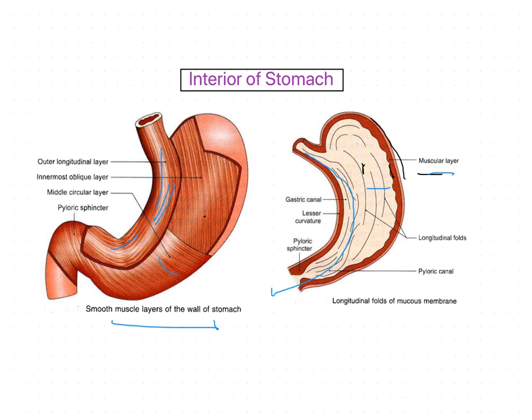So the first layer is the longitudinal layer and the second layer is the circular layer. These circular fibers are thickened at the pylorus to form the pyloric sphincter.